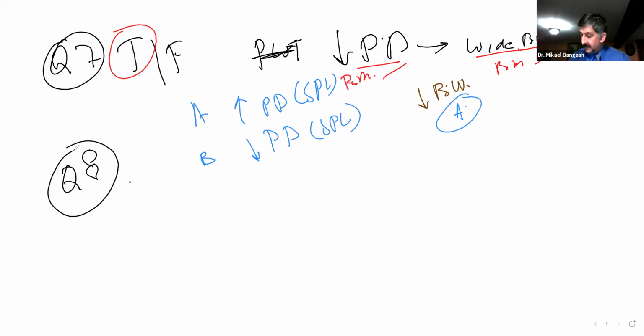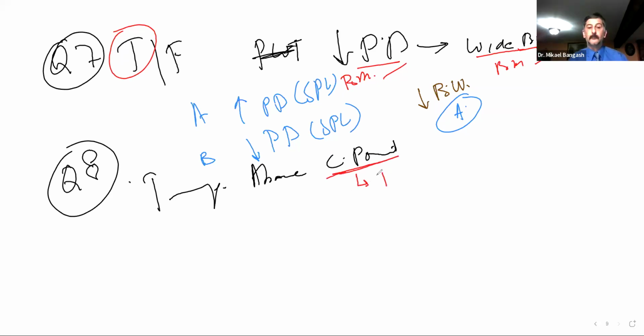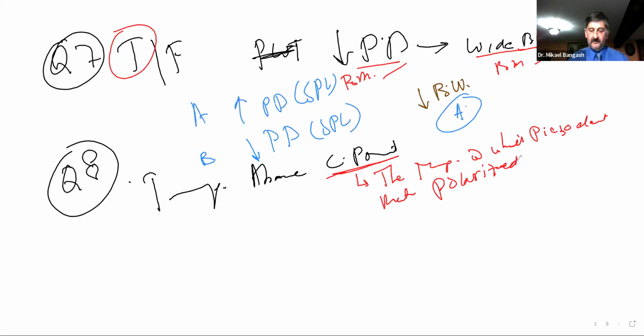Now, what occurs when the PZT crystal's temperature is elevated above the Curie point? Temperature above the Curie point. Do you guys remember what the Curie point was? We can say that was the temperature at which a piezoelectrical material is polarized.